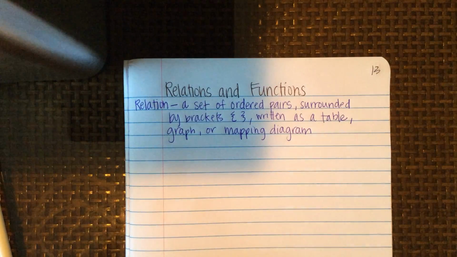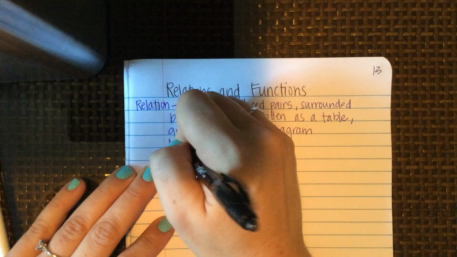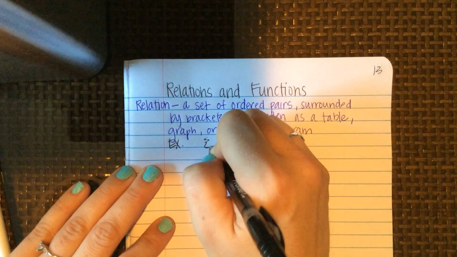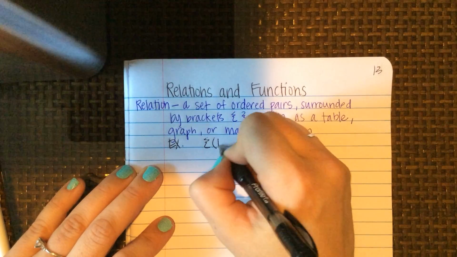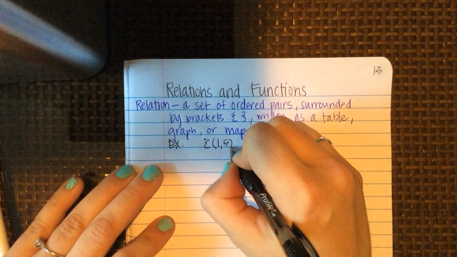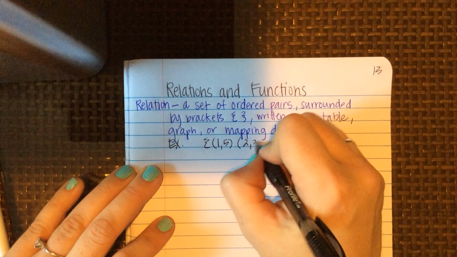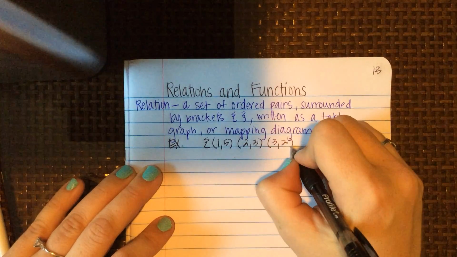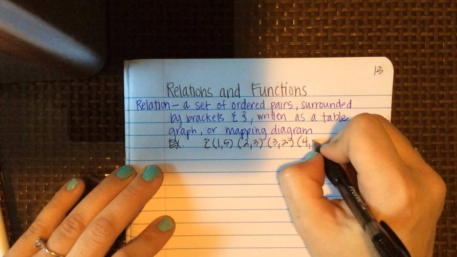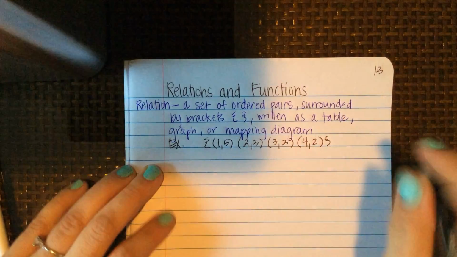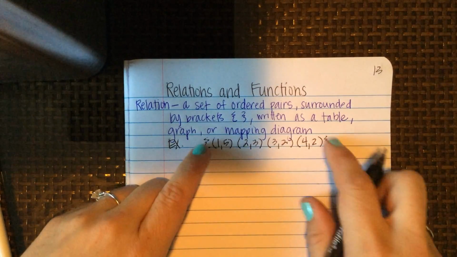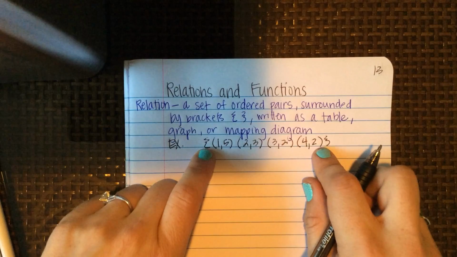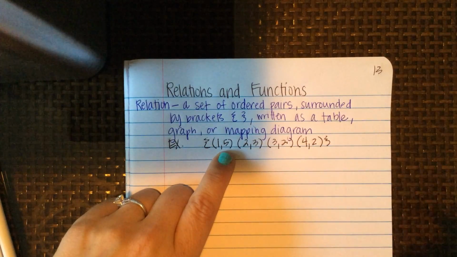So here is an example. I start with my bracket. So I have (1, 5), (2, 3), (3, 2), and (4, 2). So that would be a relation because it's a group of ordered pairs surrounded by brackets. All of these belong together in the same graph.